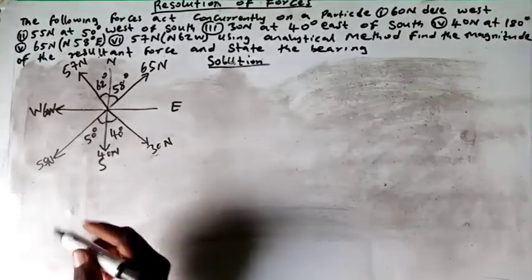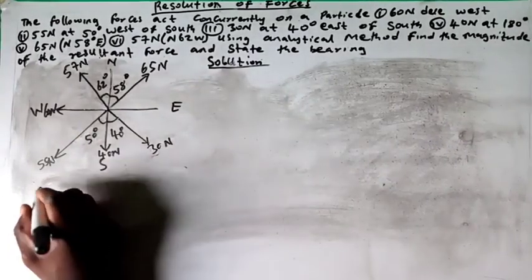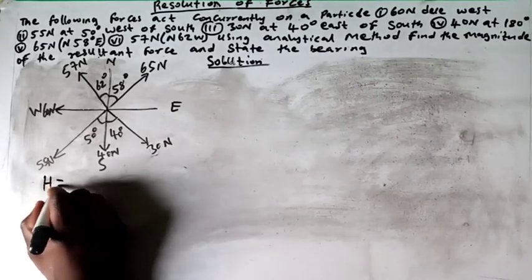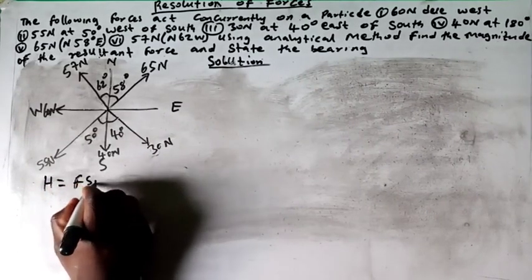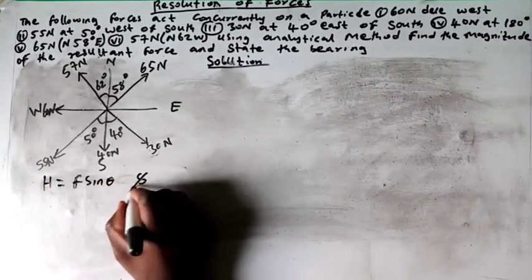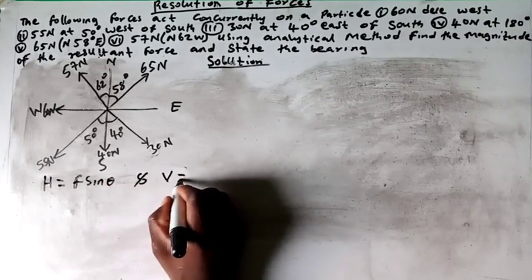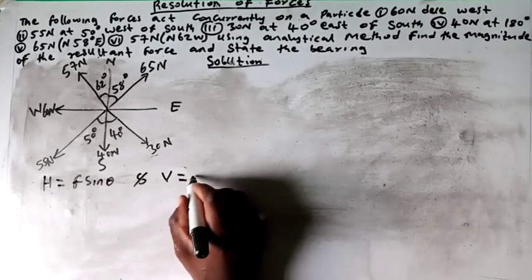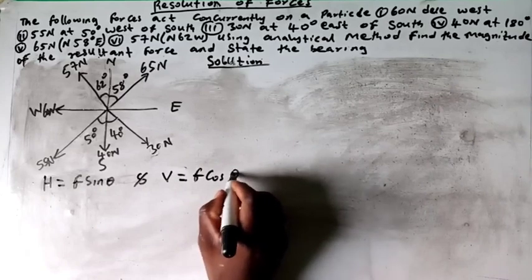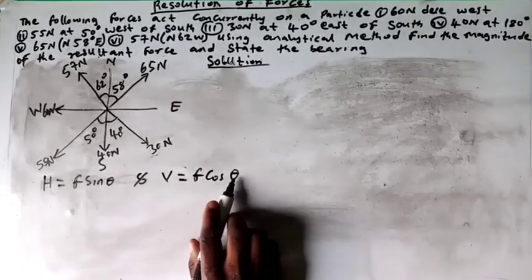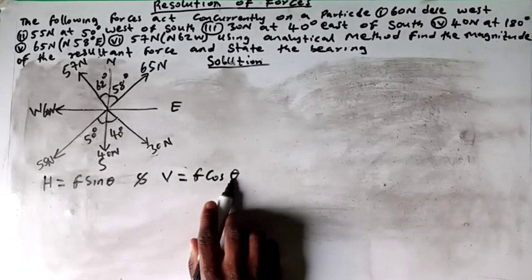So for this case, our H, which is horizontal component, is equal to F sine theta, and V, which is vertical component, is equal to F cos theta, where theta is the angle of inclination of each of the forces with the vertical.